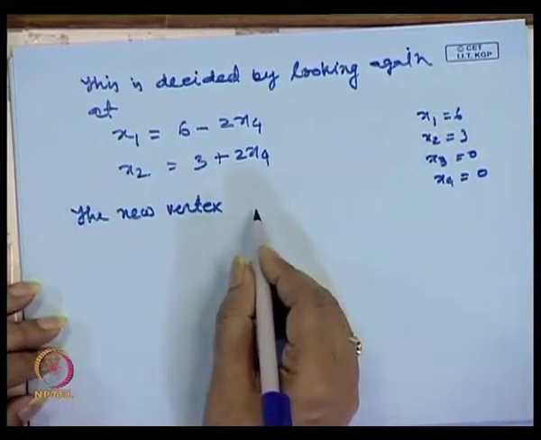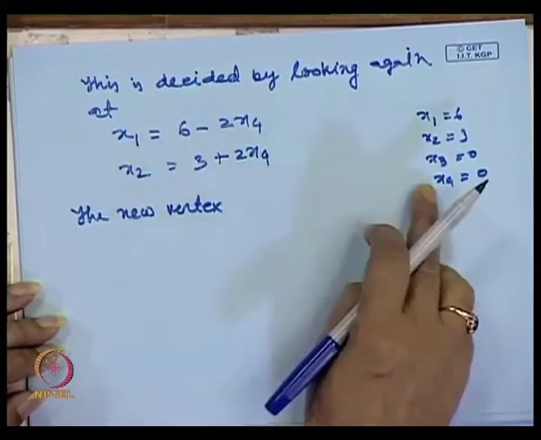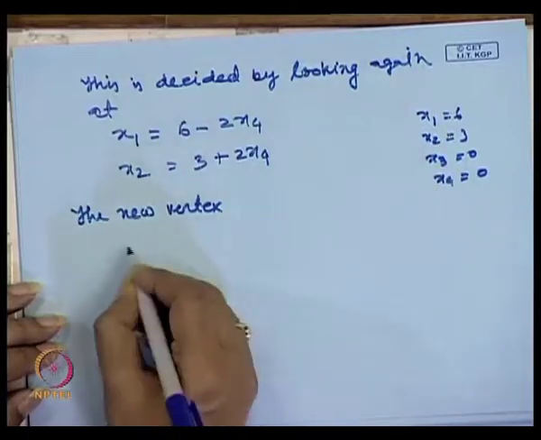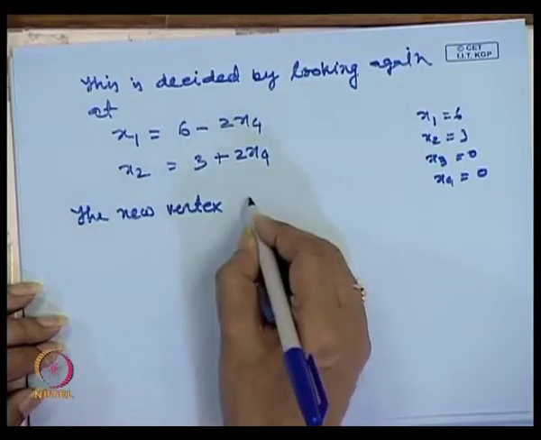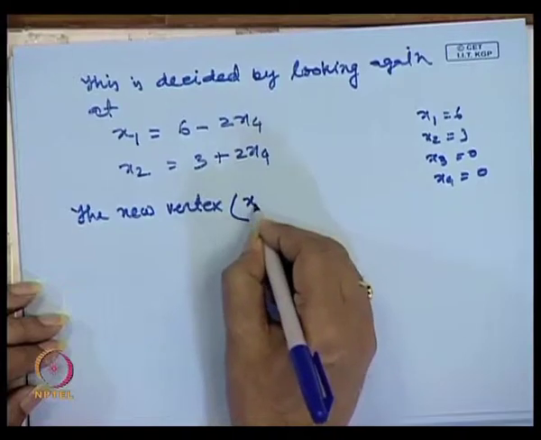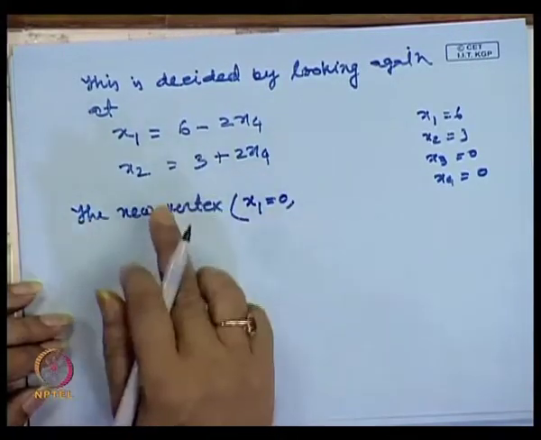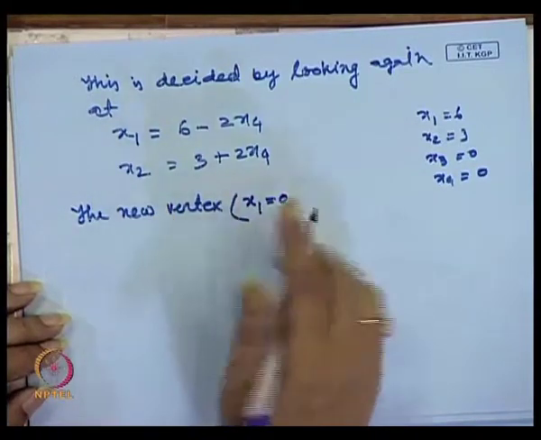Now, our new vertex: x4 is entering as a basic variable, and x1 is 0 because it is possible to make it 0, then x3 is 0.